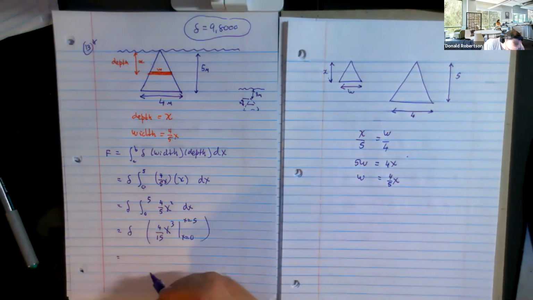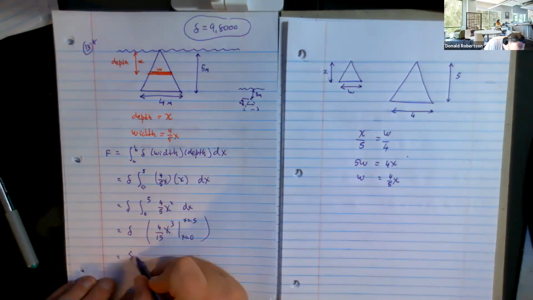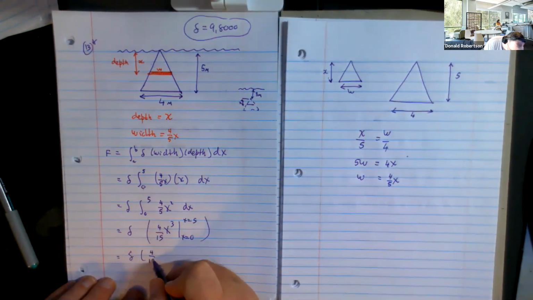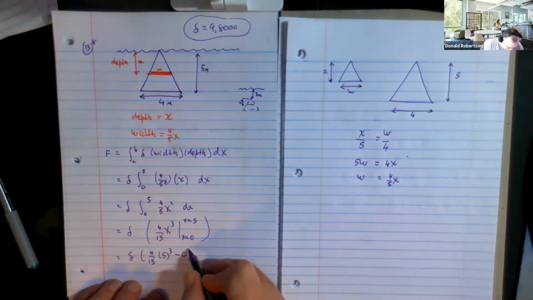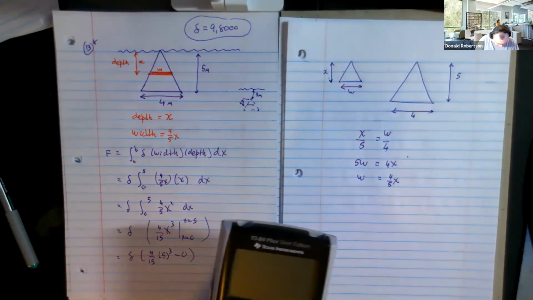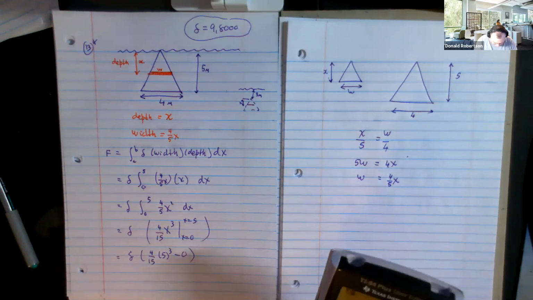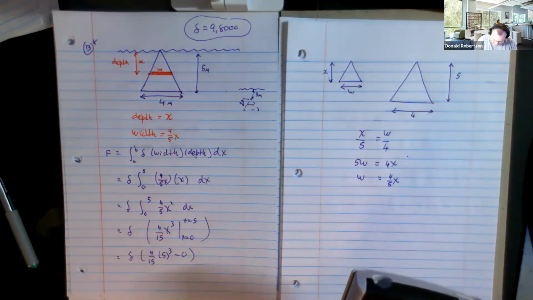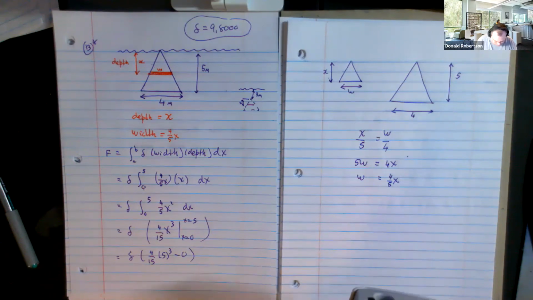So what's that going to be? 4/15 times 5 cubed, take away nothing. Okay, I'll do that in my calculator. 5 cubed is 125. Multiply that by 4, I get 500. Divided by 15.